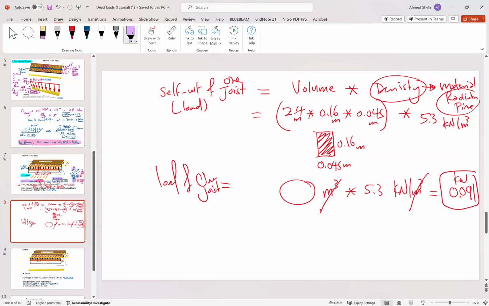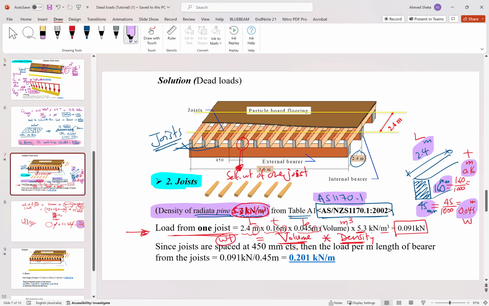So the load of one joist only is 0.091 kilonewton. If we return back to here, how many joists do we have? We have 1, 2, 3, 4, 5, 6, 7, 8, 9, 10, 11, 12, 13. So we have 13 joists.